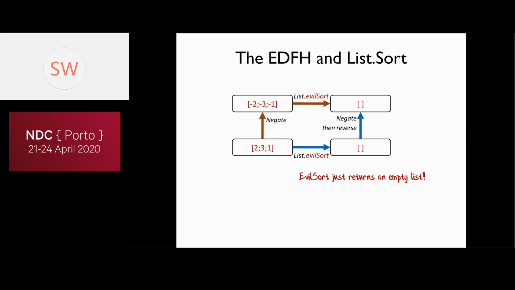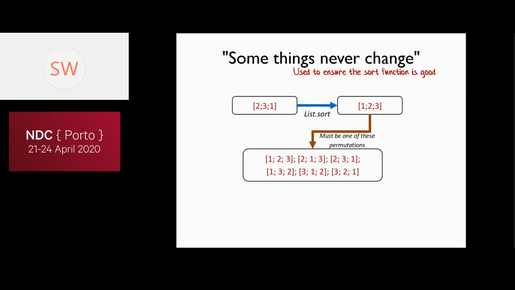So how can we improve this property so that the enterprise developer from hell cannot have an evil sort implementation? So this passes the test. Okay, so bad Garfield. Well, we can say some things never change. No matter what you do, when you sort a list, the output is going to be a permutation of the original list. It has to have the same content.